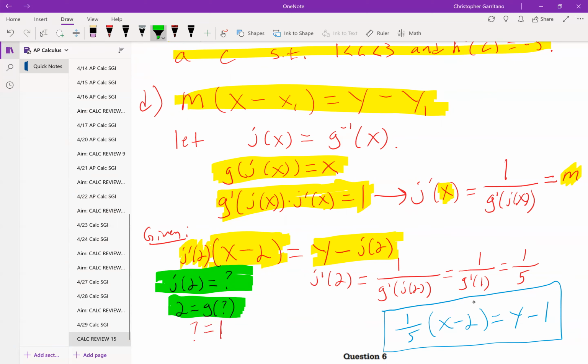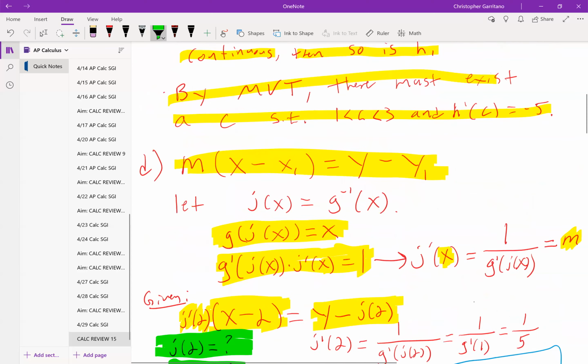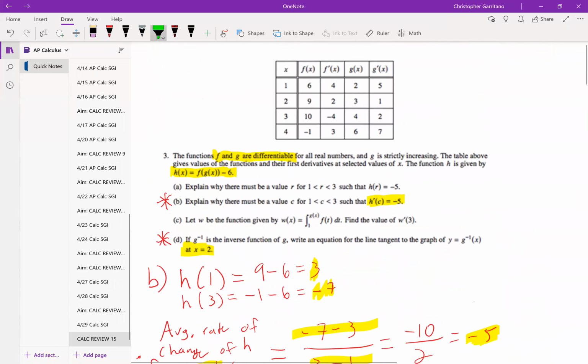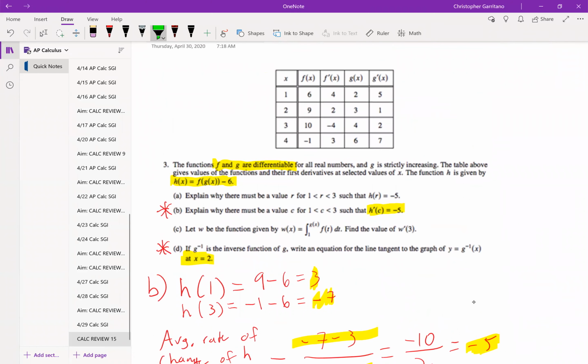And we can go up to the table and see what value we have to plug into g to get 2. Well, here we see g being equal to 2, and it looks like we have to plug in 1. So g of 1 is equal to 2.